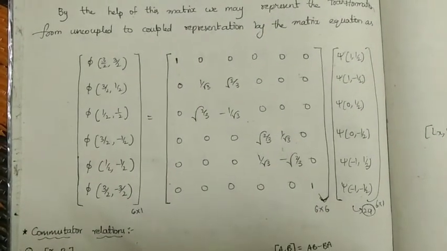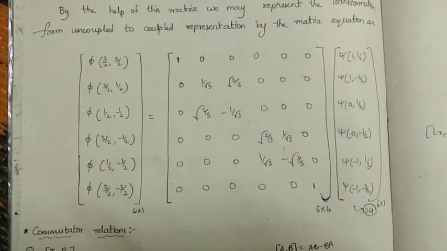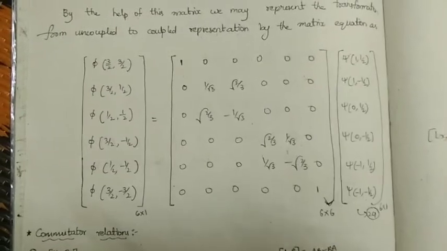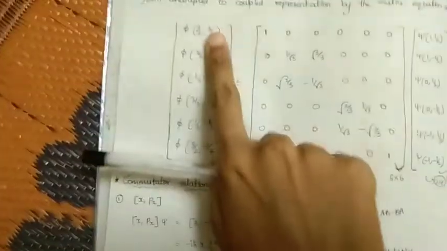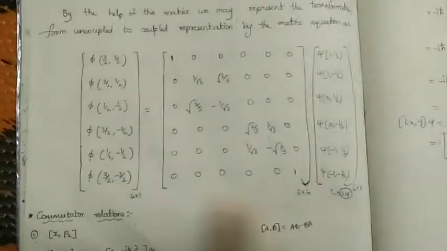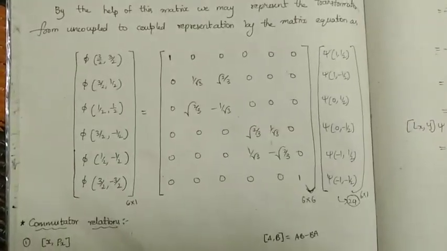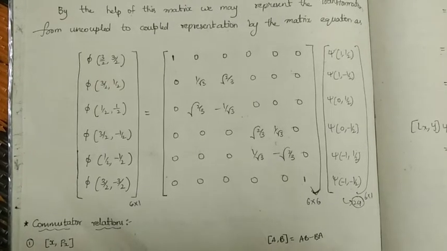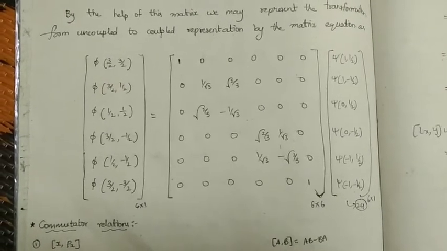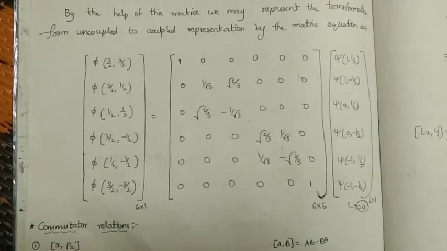These are all the Clebsch Gordan coefficients for J1 equal to 1 and J2 equal to half. Here we have 6 rows, 1 column, this is 6 rows, 6 columns, and 6 rows, 1 column. So that is the representation, the Clebsch Gordan coefficient calculation for J1 equal to 1 and J2 equal to half. So thank you.